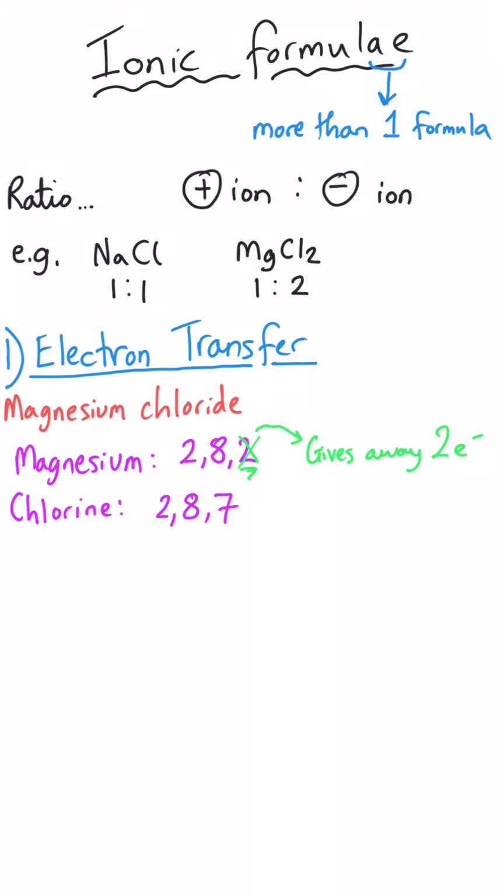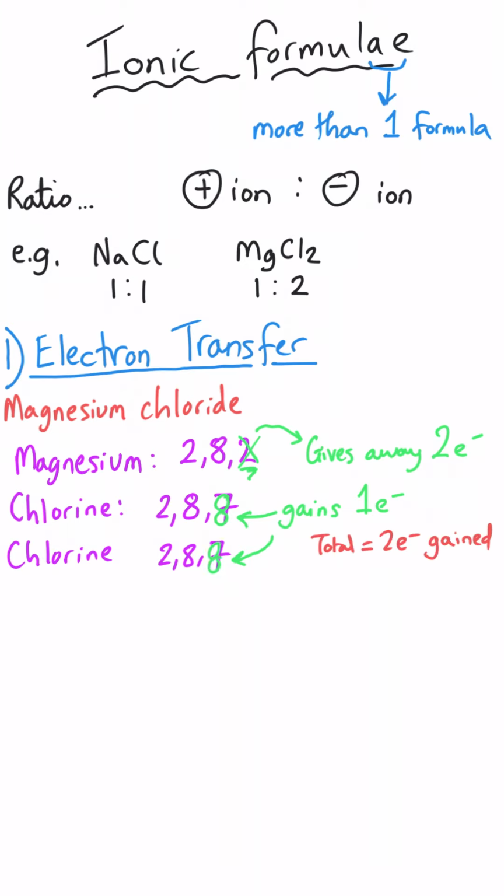Whereas chlorine is 2,8,7, so it needs to gain 1 electron to get a full outer energy level. Clearly, magnesium cannot lose 2 electrons if chlorine is only going to gain 1. And so what we need is a second chlorine atom also gaining that electron. So 2 chlorine atoms have formed 2 chloride ions, and so the ratio then is 1 magnesium to 2 chlorine, and 2 chloride ions is what they become. And so the formula of magnesium chloride is MgCl2.